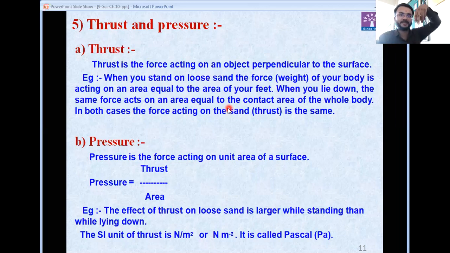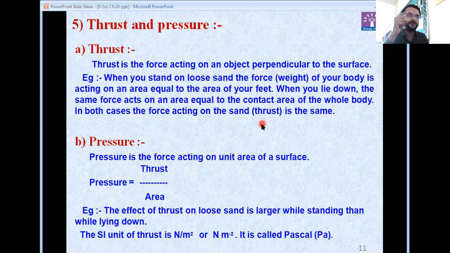And when we stand, only our feet, or we can say the soles of shoes, are in contact. So this surface area is very small compared to the whole body surface area, right? So this is how the force exerted on a particular area changes. We can have many examples.